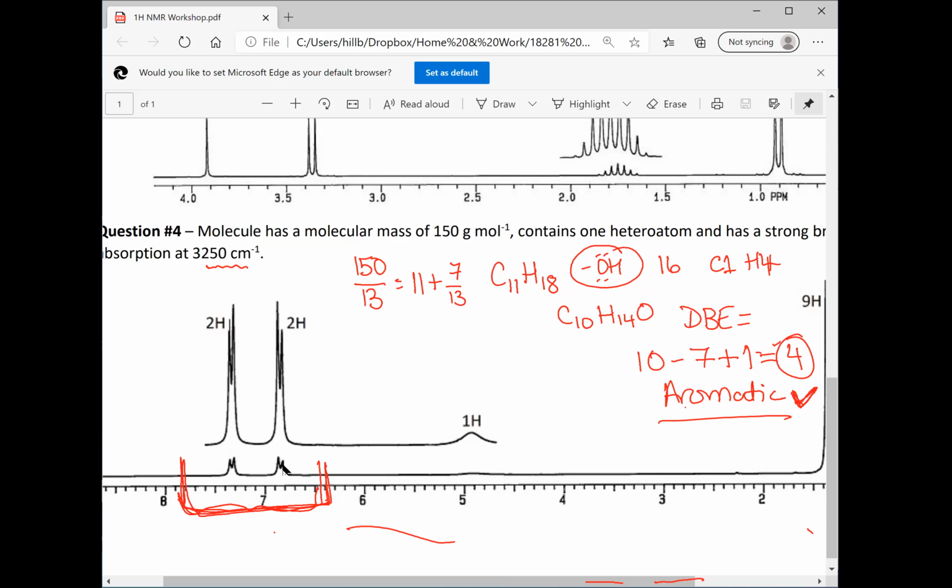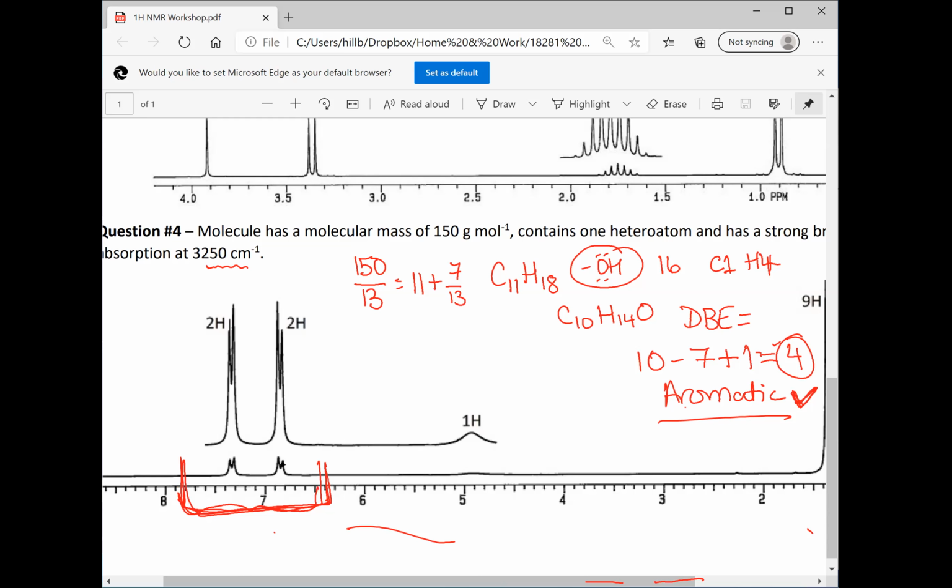There's specific patterns that are common in the aromatic region, and we sort of did that last class when we were doing the top hat questions. So this pattern of a doublet and a doublet is distinctive for a certain class of substitution patterns on an aromatic ring, and we'll do that at the start of Thursday.